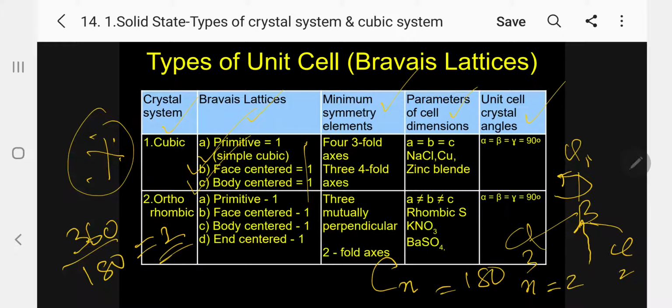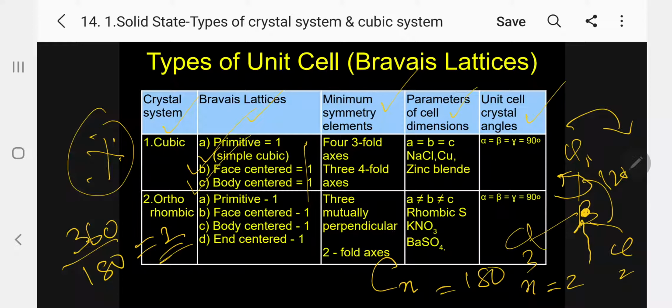That is one example. The second example is the same molecule. You pierce through boron and rotate chlorine 1, chlorine 2, chlorine 3 in the clockwise direction. When I rotate 120 degrees, Cl1 comes to Cl2, Cl2 comes to Cl3, Cl3 comes to Cl1.